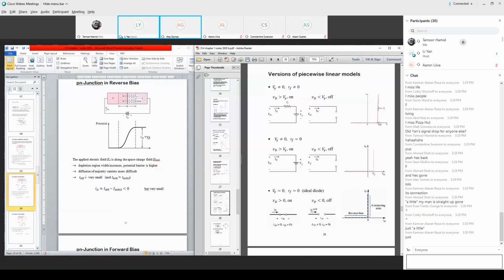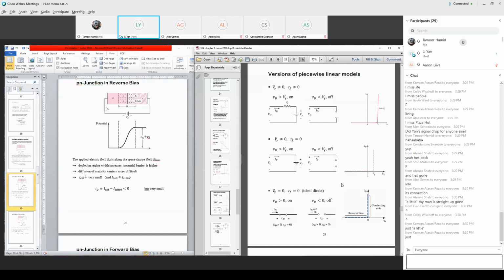Once diode on, it shoots up very quickly. What we model as shooting up quickly is because the R_f is non-zero. But when you model R_f as 0, this shoots up vertically. So vertically, voltage is V gamma, but the current can go non-zero.